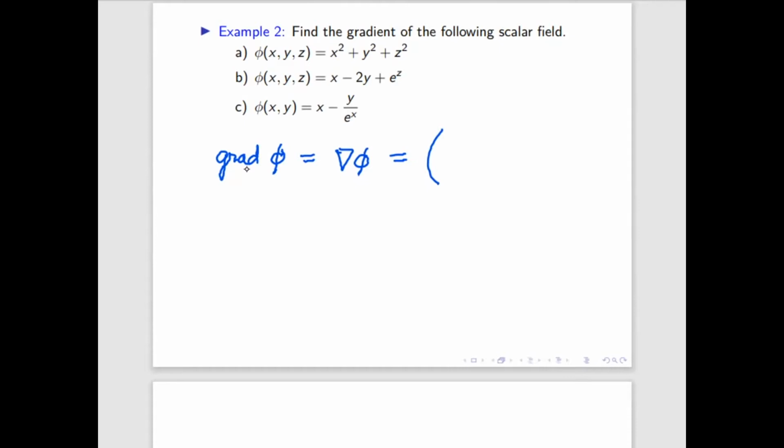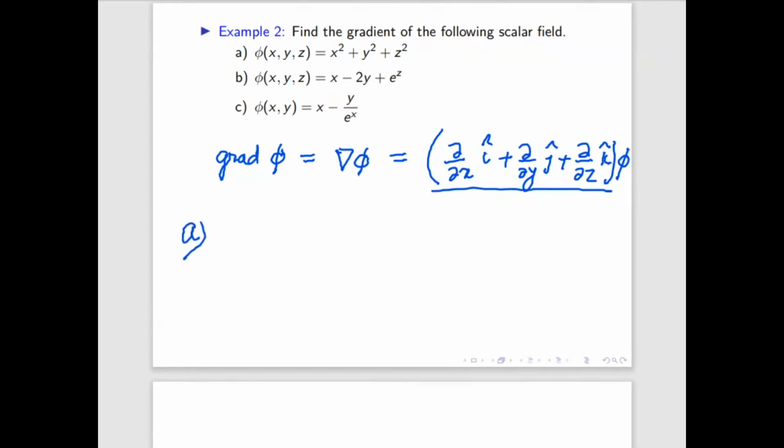That means we have to apply this i cap, j cap, k cap over phi. This is the del operator. So if we are doing part A, phi is this one, part B phi is this one, and part C phi is this one. So we have to differentiate only with respect to x, y, z.